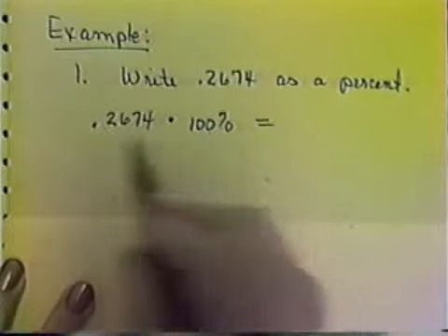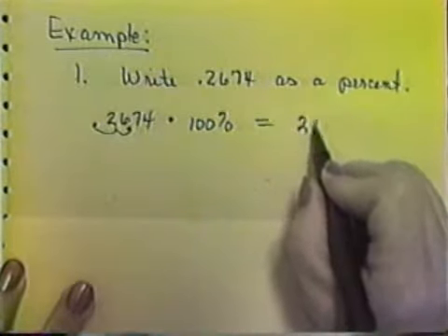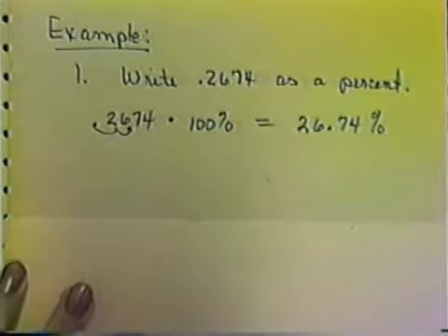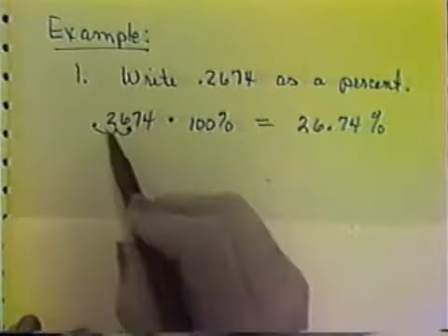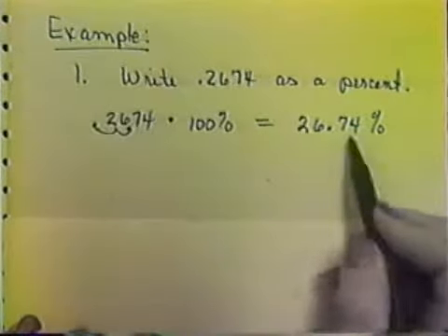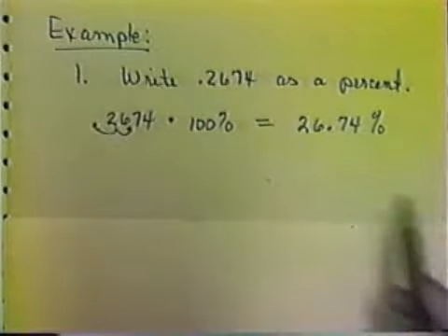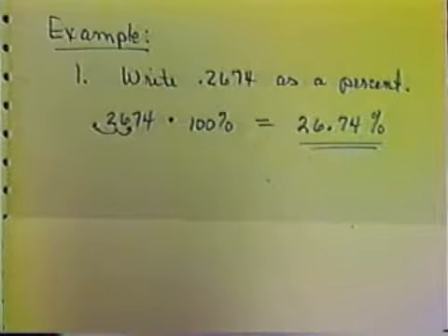Multiplying says I'm going to move the decimal 2 places to the right, which gives me 26.74%. This is our percent form for that decimal.